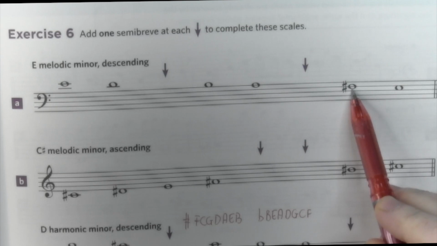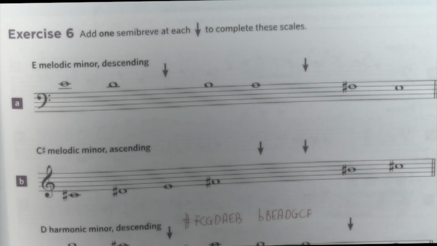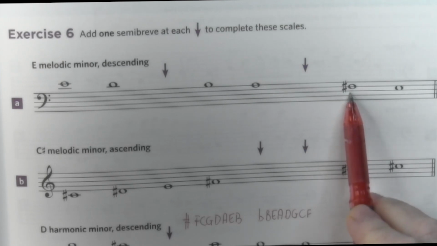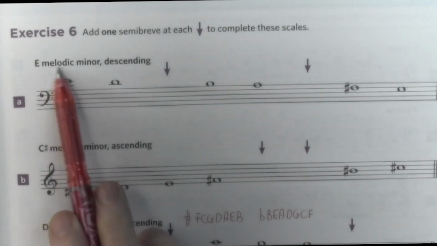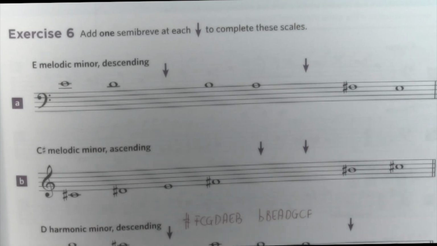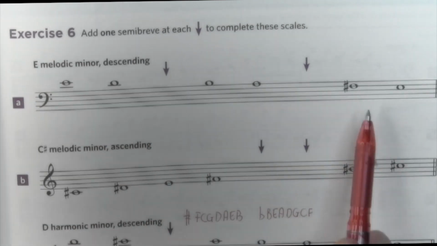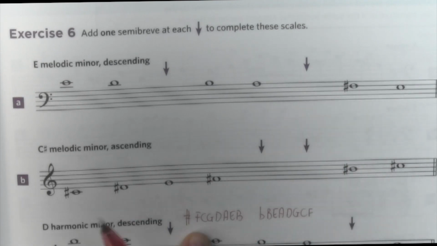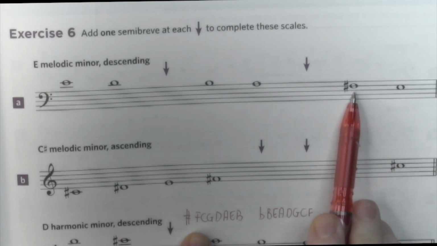And F sharp is here. So F sharp is the key signature, and here it is. Now, this is melodic descending, which means that we must have just what we have in the key signature, which is Fa sharp. That's the only thing we need to have.